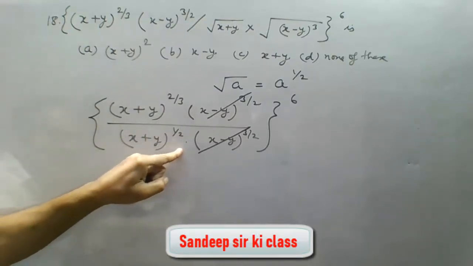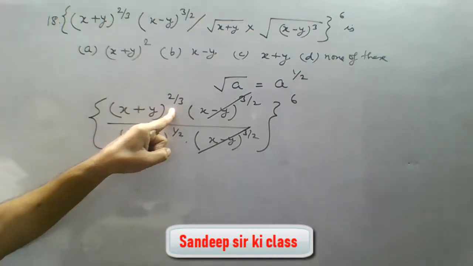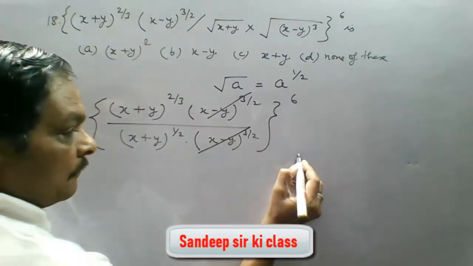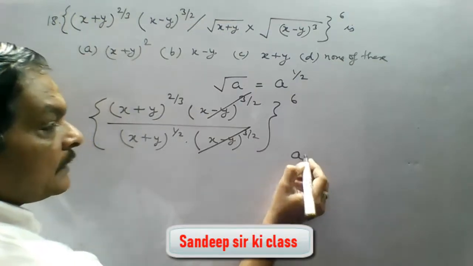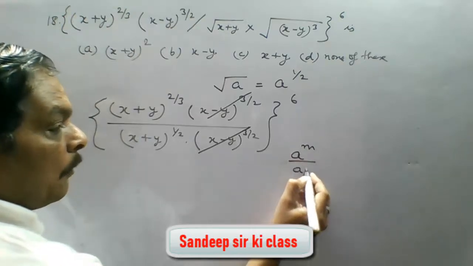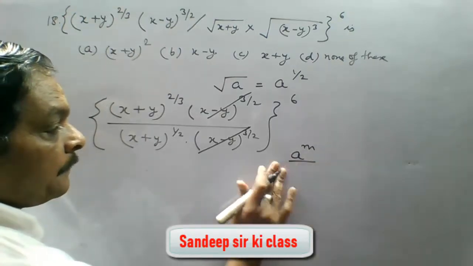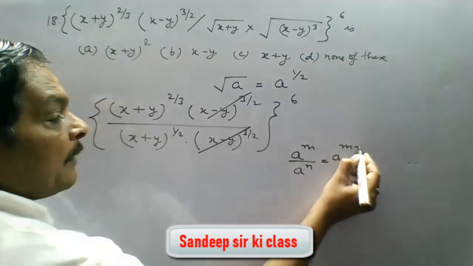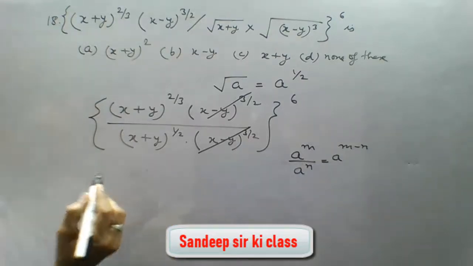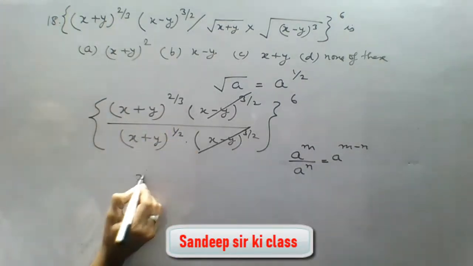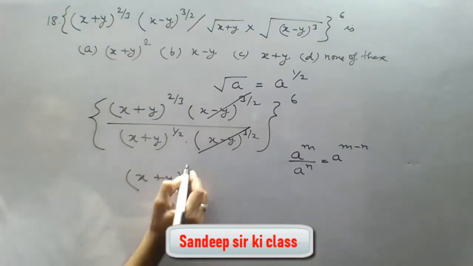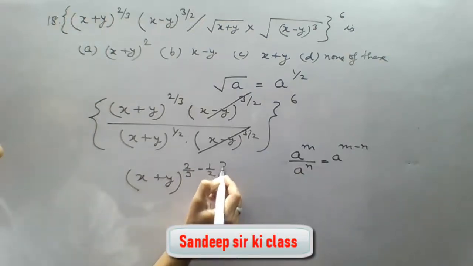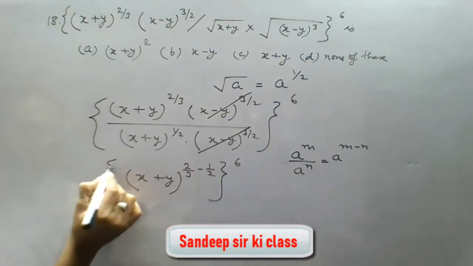So when we take this as numerator, then the power will become minus, because in division we know that a to the power m upon a to the power n is equal to a to the power m minus n. So here x plus y will have power 2 upon 3 minus 1 upon 2 and whole power 6 is as it is.